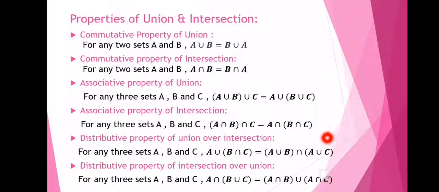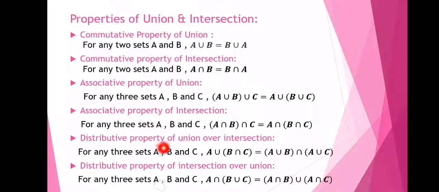But here, if we have A union, and then in the bracket the intersection of two sets, we are going to distribute this union to the intersection of B and C, and it becomes (A union B) intersection (A union C).